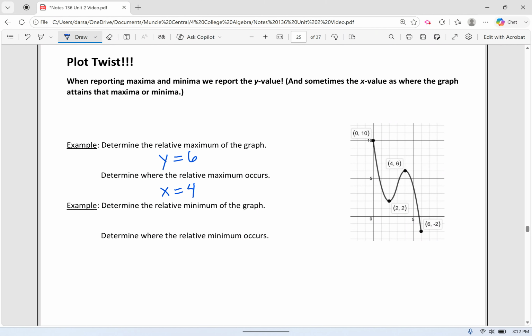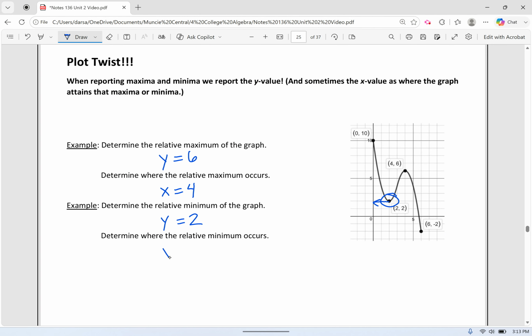All right, let's find our relative minimum. Again, relative minimum is smaller than the stuff that's around it. It can't be an endpoint. So this spot right here is our relative minimum. The y value that this is at is y equals 2. So the relative minimum is 2, and it occurs at x equals 2.